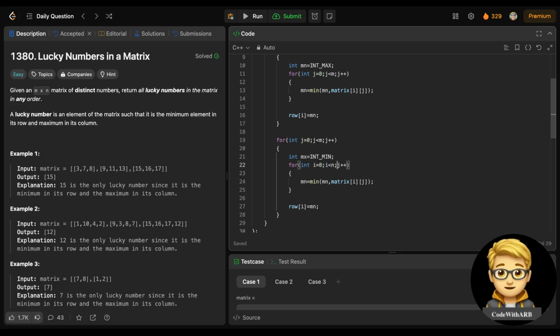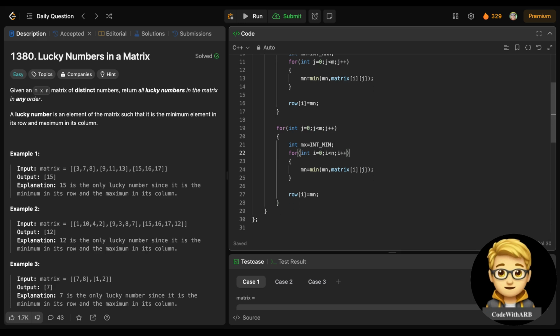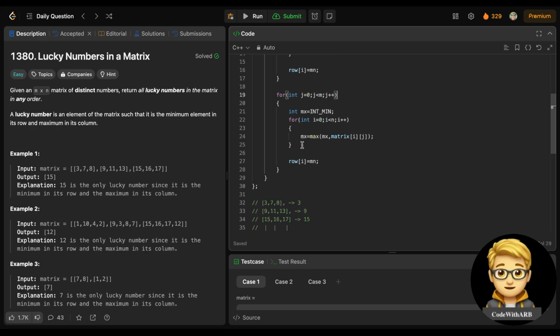So we are iterating in columns, right? That's why I'm changing the variables, right? So this would be the max, and this would be the min, and this would be i and j similarly. So we are iterating in columns, right? And we will store for each column j a max element, right?